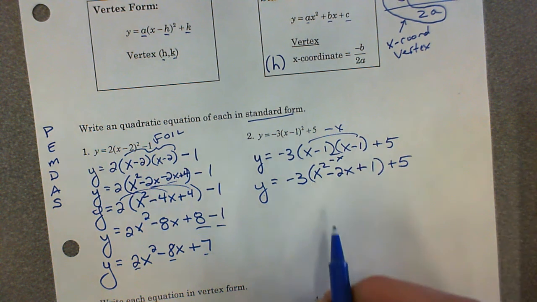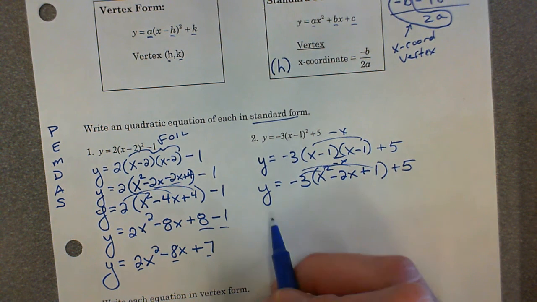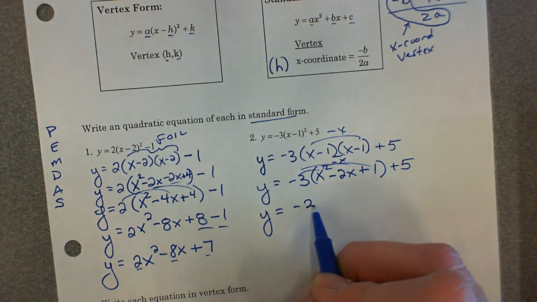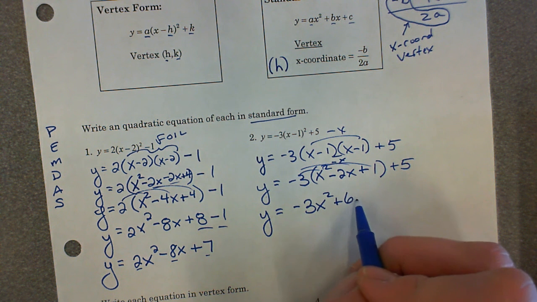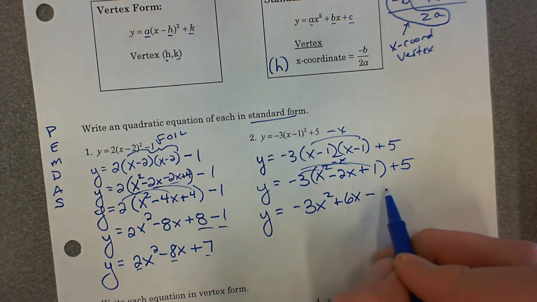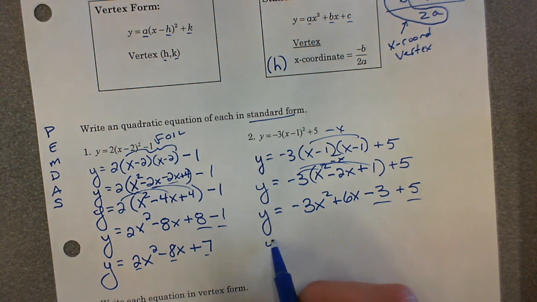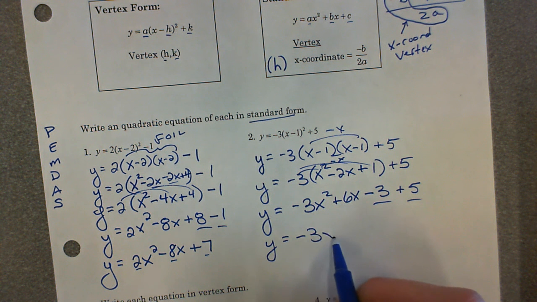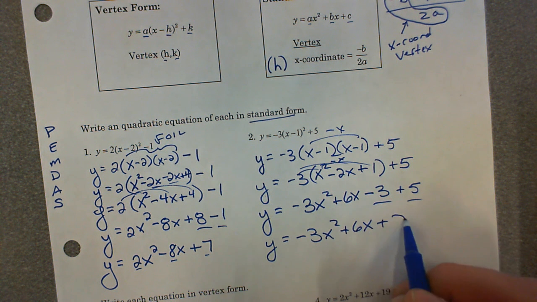And then you end with a plus 1, -1 times -1 is positive 1. Now we distribute. So y equals -3x squared. Negative times a negative is a positive, 6x minus 3 plus 5. Combine those, and y equals -3x squared plus 6x plus 2.